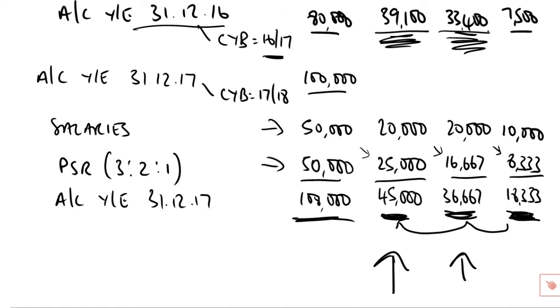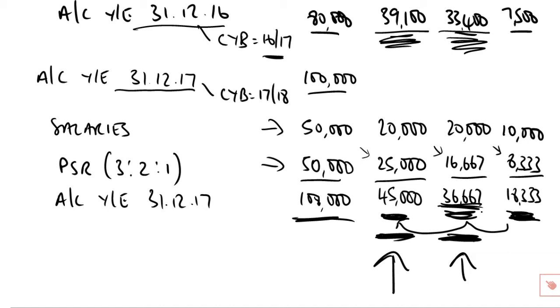On to the 2017-18 tax year. Year ended December 17 is its basis period, and again we know CYB assessment applies for A, profit £45,000, for partner V £36,667.